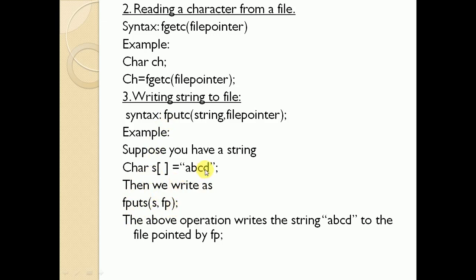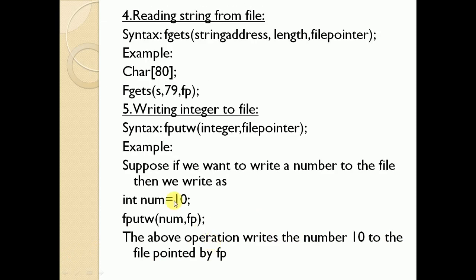A, B, C, D. This A, B, C, D we are writing into the file which is being pointed to by the file pointer. So this above operation is writing the string A, B, C, D to the file which is being pointed to by this file pointer, that is fp.